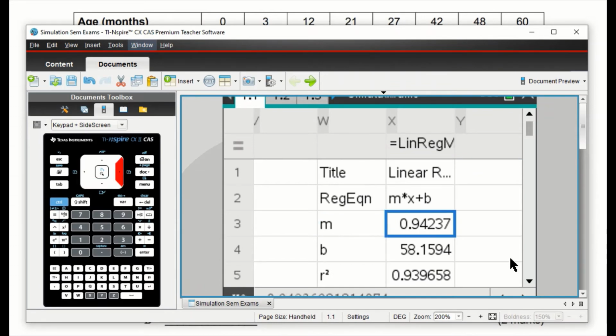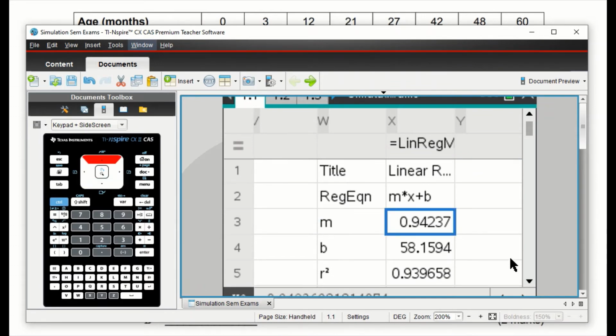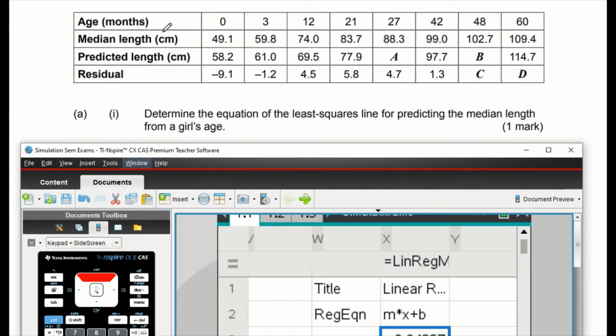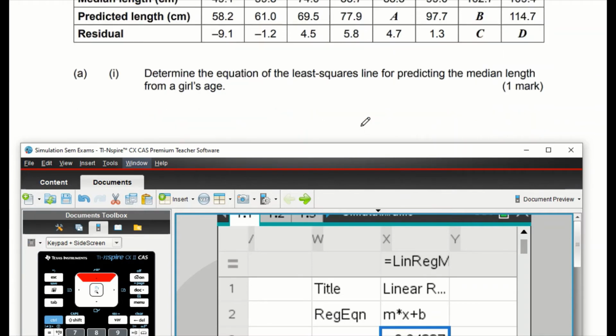You should be able to get this value for your gradient and this for your y-intercept. Since the question didn't give you abbreviations, like A for age and L for length, we are just going to use y equals mx plus c to make it easier.